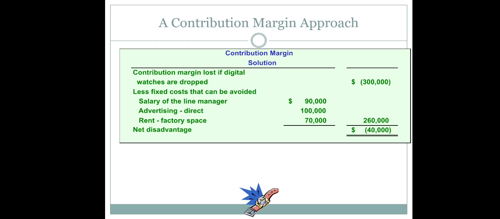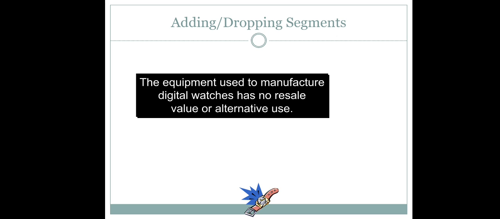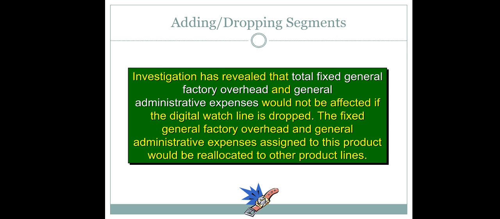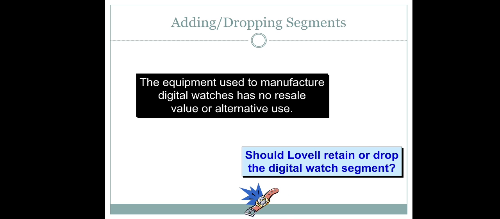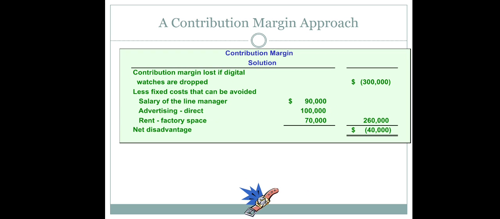But the saving in fixed costs is only 260,000. Remember, in the previous slide you saw that three fixed costs cannot be eliminated: total fixed general factory overhead, general admin expenses, and the depreciation. Only three fixed costs can be eliminated.